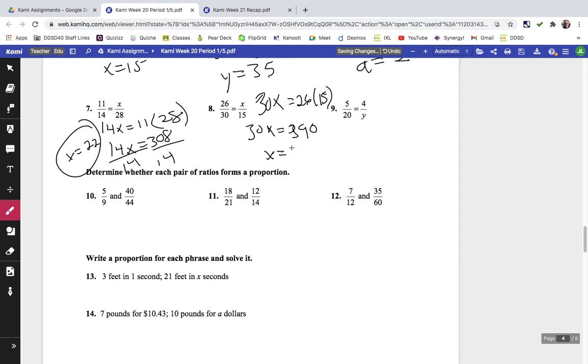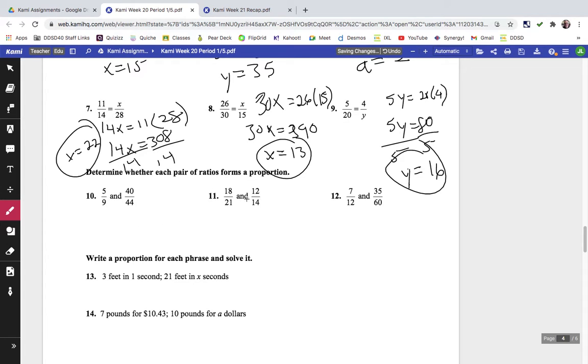X equals 13. This is 5y is equal to 20 times 4. 5y is equal to 80. Divide by 5, and y is equal to 16.